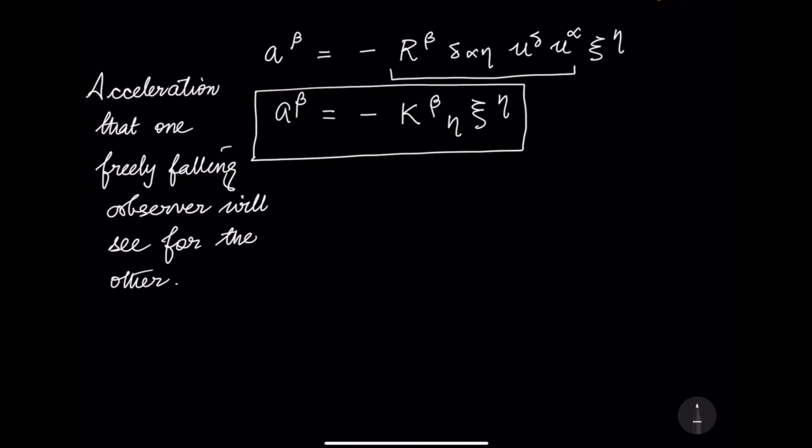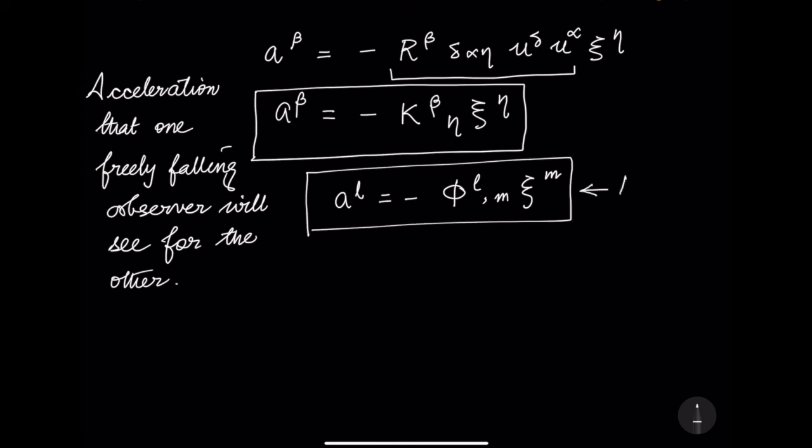If I compare this with the acceleration that we got earlier, this was the acceleration that we got earlier. So this is Newtonian, and now in spite of having absolutely zero concept of force, we still get exactly same looking acceleration.